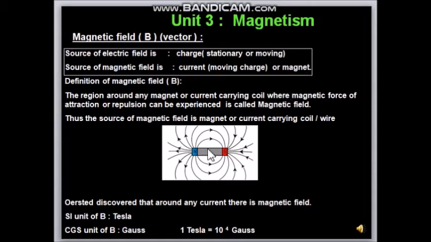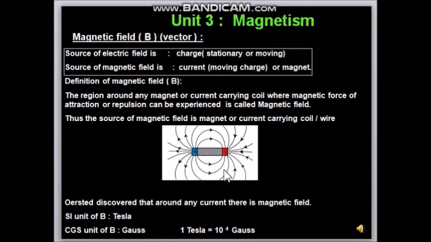We can take this diagram to understand the magnetic field. This diagram you have already studied in class 10th. This NS is a bar magnet, a natural magnet. Around this bar magnet, this region is called the magnetic field, and all this pattern which is drawn is called magnetic field lines.